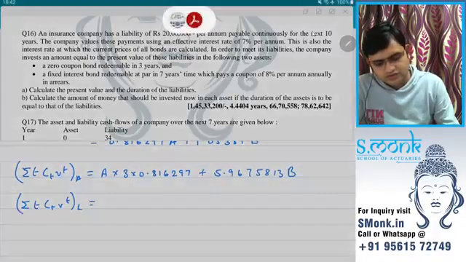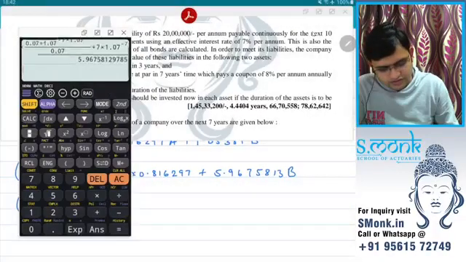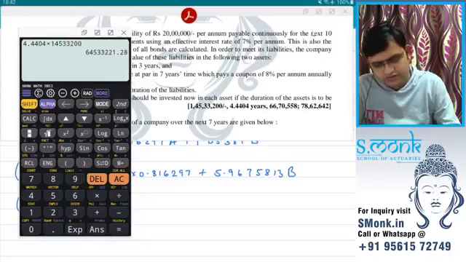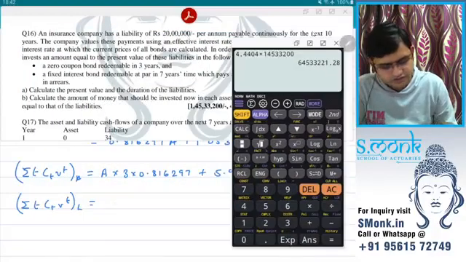Okay, so I will just get 4.4404 into, okay, this is our summation t Ct v raised to t of liabilities. This we were supposed to get from the first part.